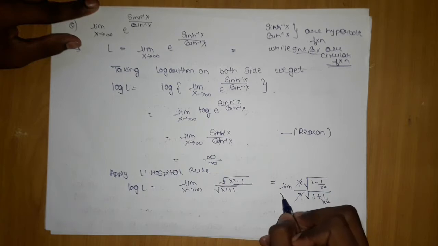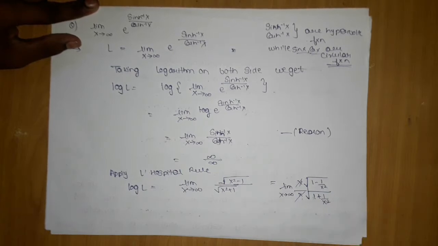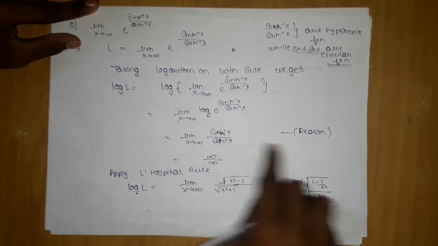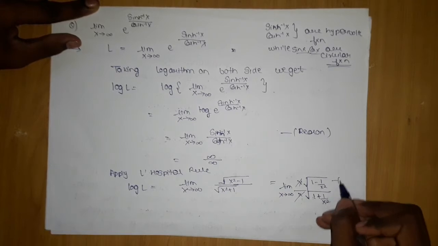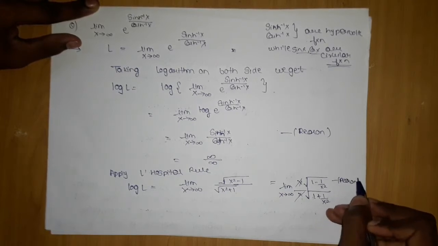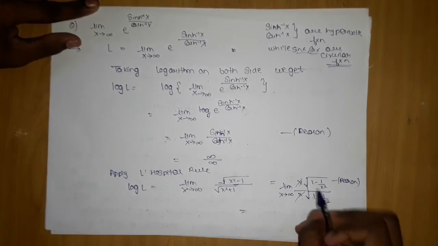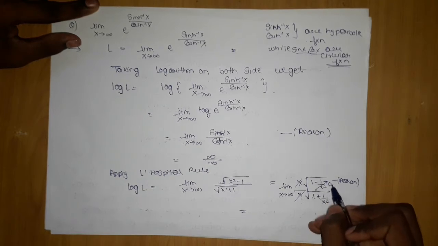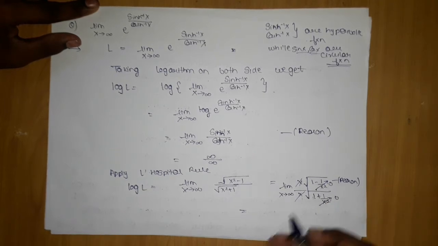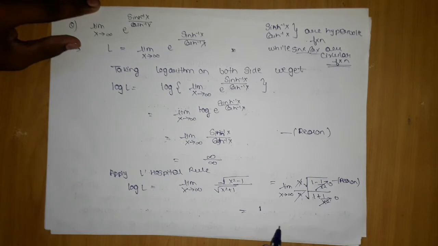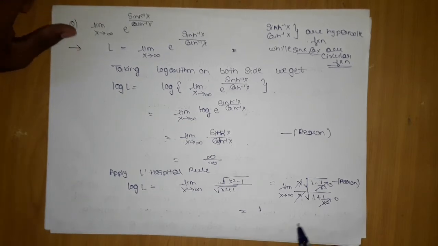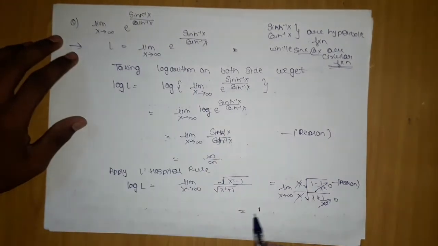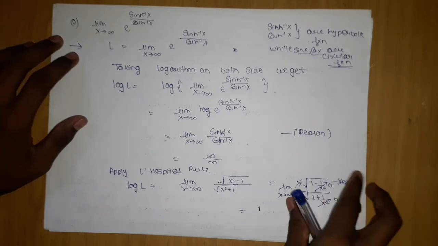You have to mention the property of sin x differentiation here as the reason. After this, the moment you substitute, this will become 0, this will become 0, you will be left with 1, which is the required answer. Now you have to write the question and then write it equal to 1, then you will get the complete marks. Let's move on to the next question.